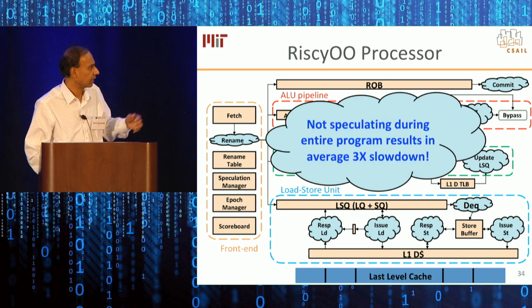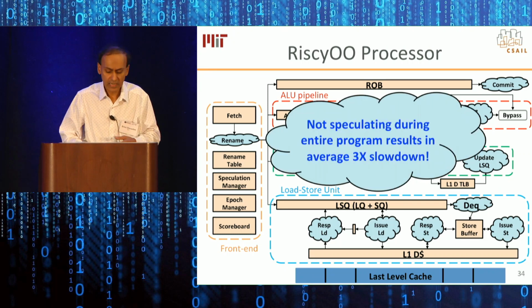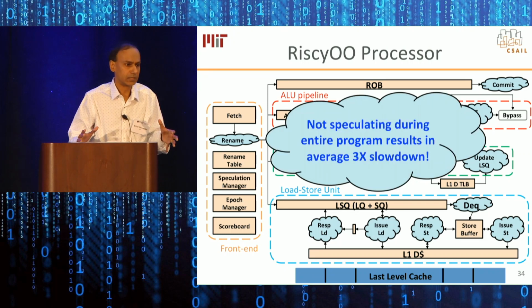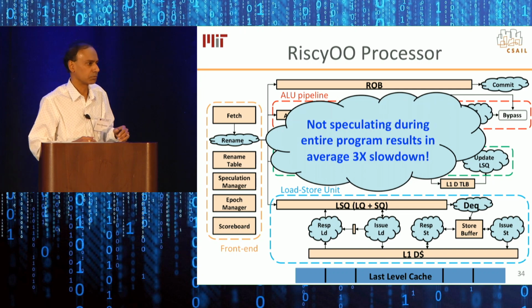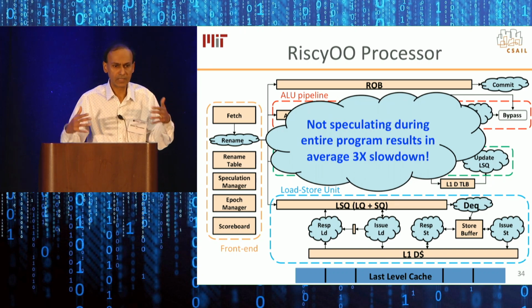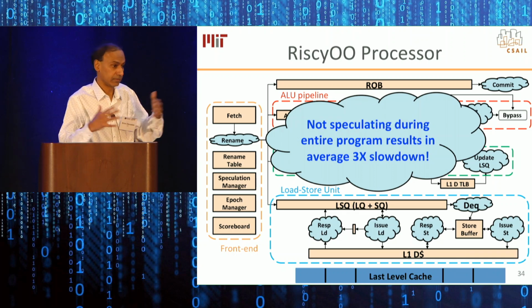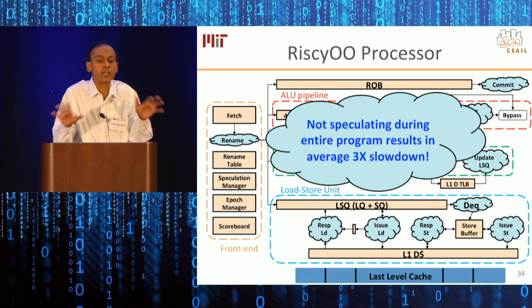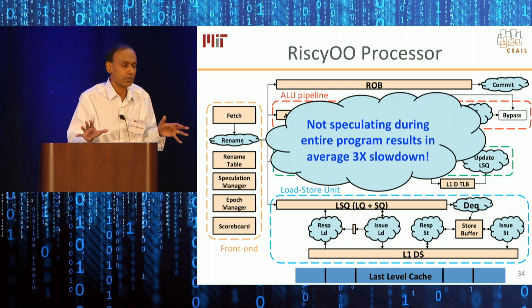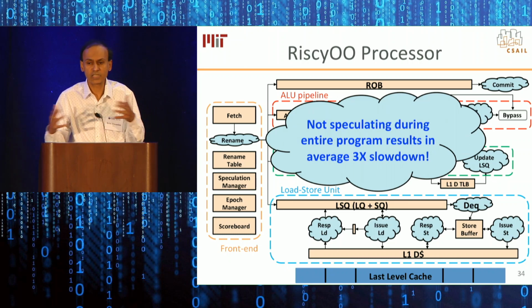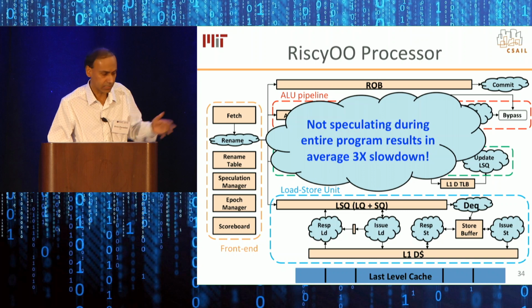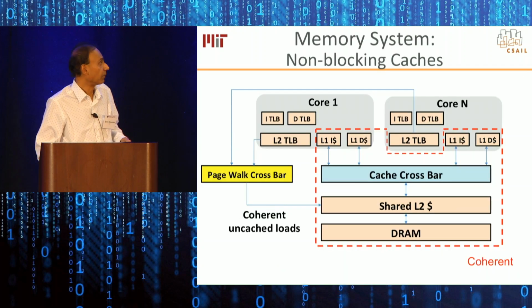The key point I want to make here is that this processor is way more performant, right? If you don't speculate in this processor, it's 3x less performant, and as much as 5x less on a wide variety of benchmarks. So just turning off speculation isn't viable from a performance standpoint in order to say that you have security, all right? That's really what I want to show here.